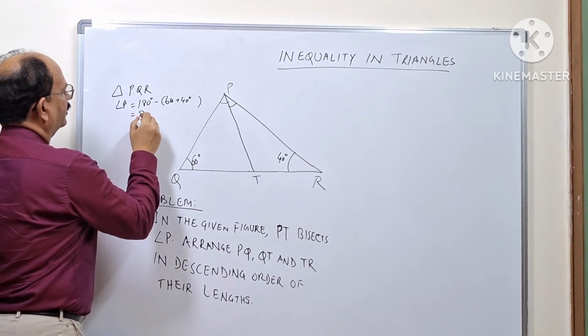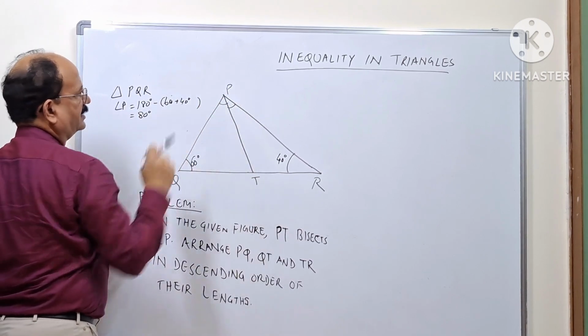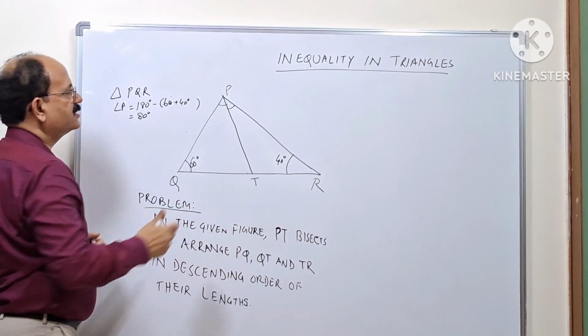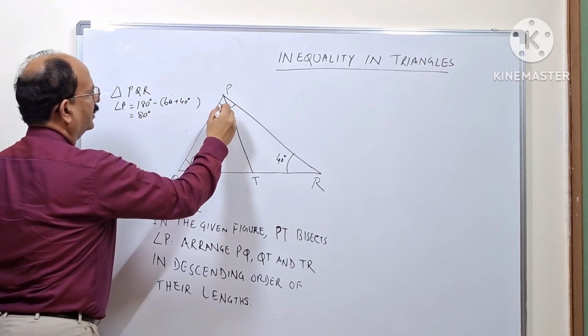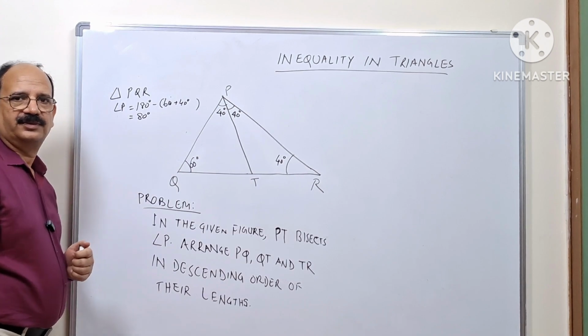Therefore, angle P becomes 80 degrees. So if this total angle is 80 degrees, and because PT bisects this angle, this angle will be 40 degrees and this angle also will be equal to 40 degrees.